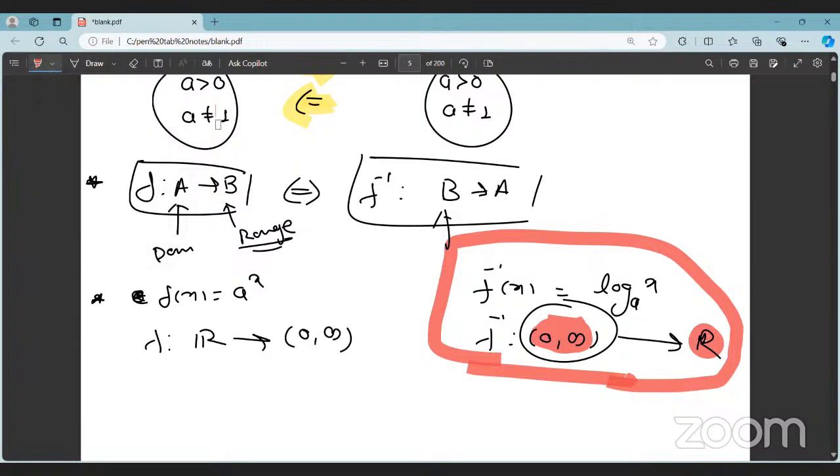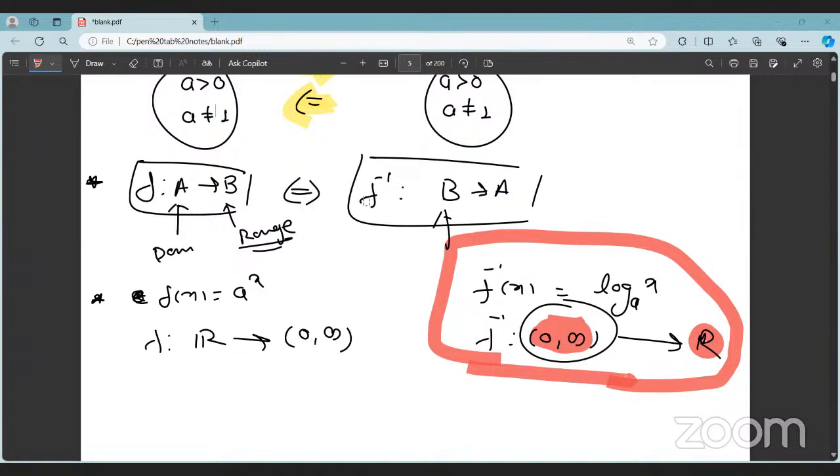Ma'am, how is the function bijective if the codomain is not equal to the range? No, if codomain is not equal to range, then the function won't be bijective. But here I'm defining my exponential function in such a way that I'm taking the range to be the codomain. That's why it will become bijective. I considered the nicest behavior of the exponential function, right?